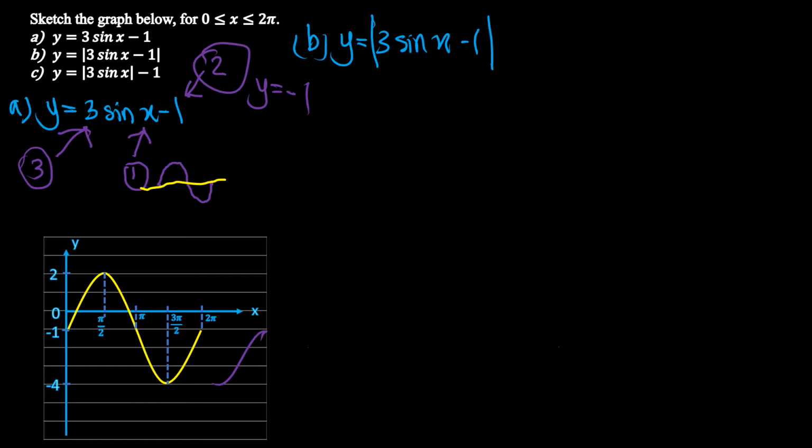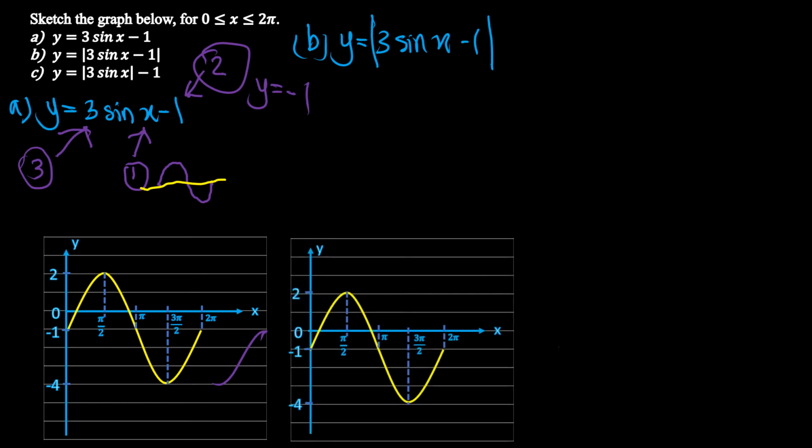So how do you sketch this one? First, to sketch the modulus graph, you have to begin with your normal graph equation. You have to sketch y equals 3 sine x minus 1 first. We have sketched this in part A, so you get this graph. Now, how do you sketch with modulus?